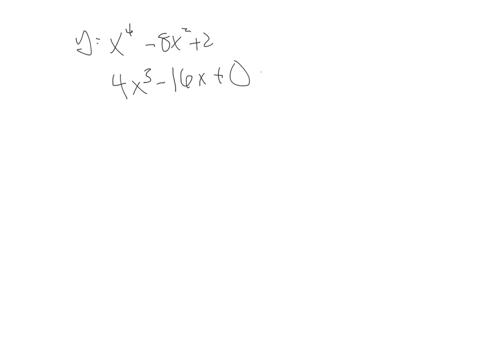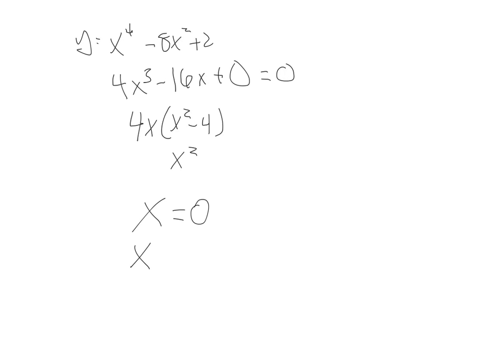And I solve by factoring out 4x, which leaves me with x squared minus 4. So 4x equals 0, x squared minus 4 equals 0, x equals 0, x equals plus or minus 2. So I say there's 3 horizontal tangent lines for that function. And I found it by simply finding the slope of the curve, finding the derivative of that curve, and setting it equal to 0.